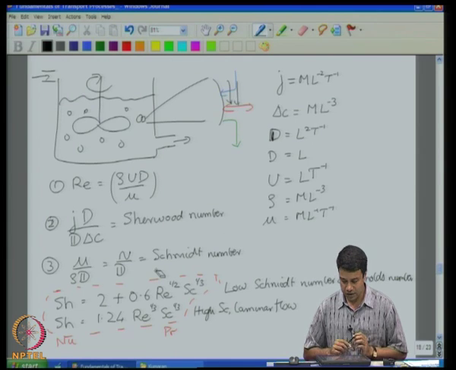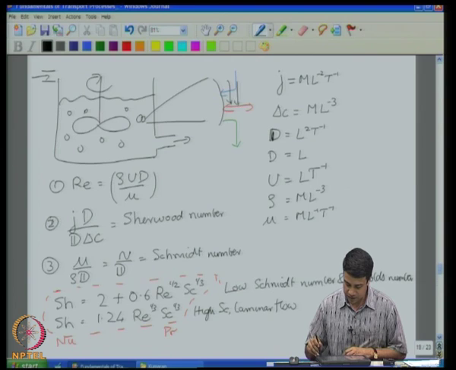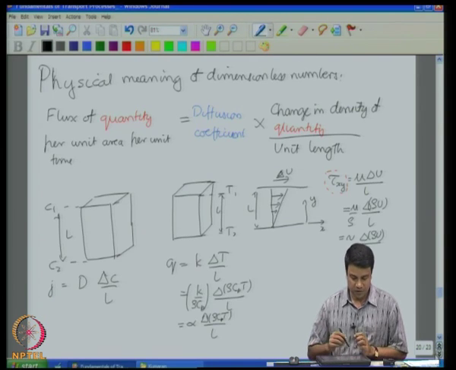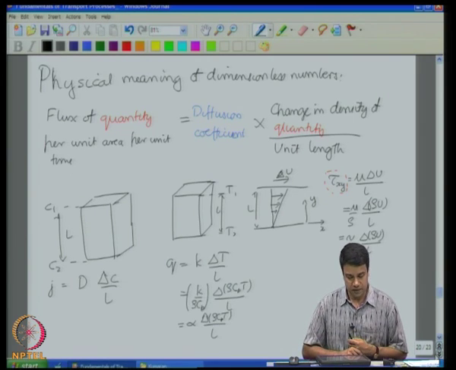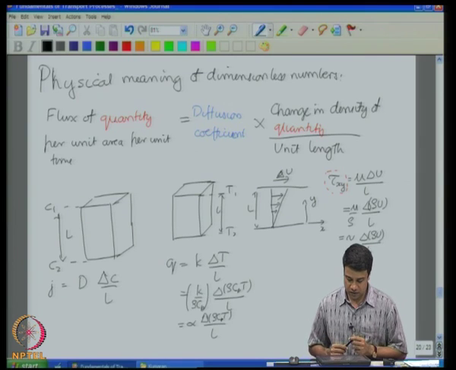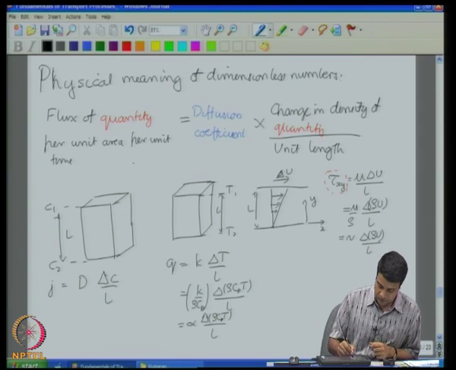And we saw a little later, based upon the physical interpretation of the different dimensionless numbers, why that is so. Because I can write the flux of any quantity per unit area per unit time as a diffusion coefficient times the change in the density of that quantity per unit length. Since the quantity has the same dimension on both sides, the diffusion coefficient will have dimension of length square T inverse.